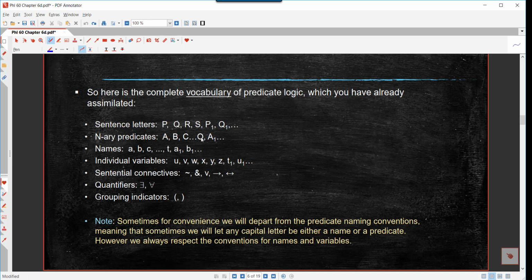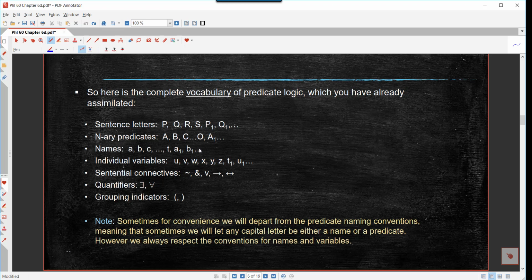And then we confine our predicates to A, B, C through O, and also give them subscripts as well. Now, in practice, we don't really do this. We just need to know that we can. The reason we don't do it is because sometimes it's just more intuitive to grab a P or a Q or an R and make it the name of a predicate.